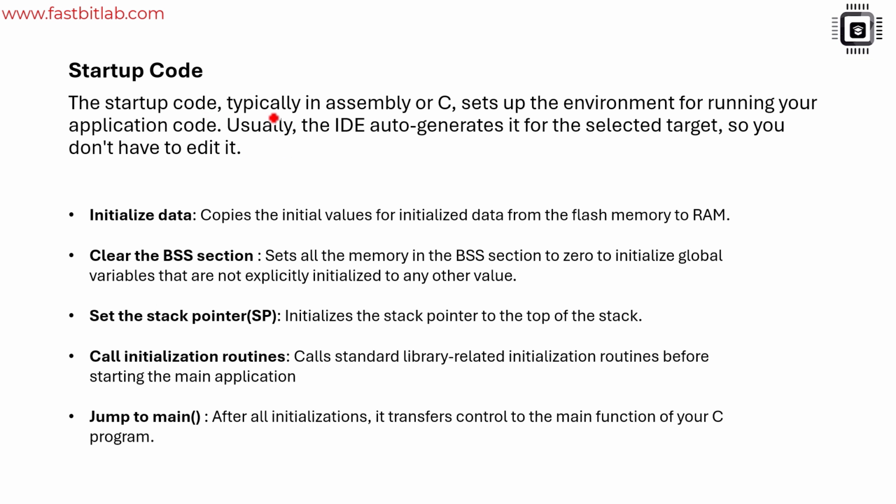In summary, the startup code, which is typically in assembly or C language, is used to set up the environment for running your application code. These are the tasks done by the startup code. It initializes the data section, copying the initial values for initialized data from the flash to the RAM.